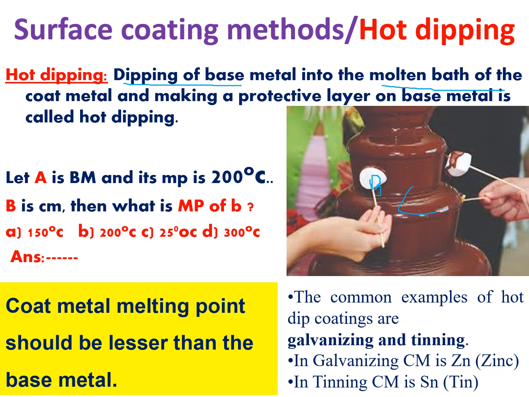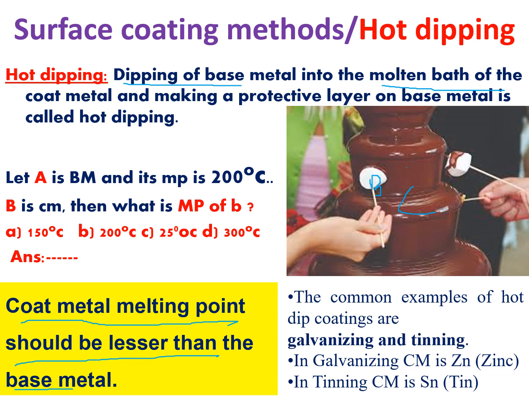The only condition in this process is that the coat metal melting point should always be lower than that of the base metal, since you are dipping the base metal into the coat metal. If the base metal melting point were lower than the coat metal's, the base metal and coat metal would both dissolve and form an alloy.